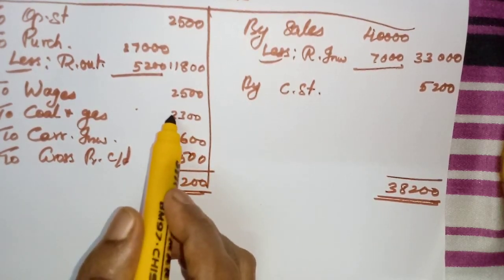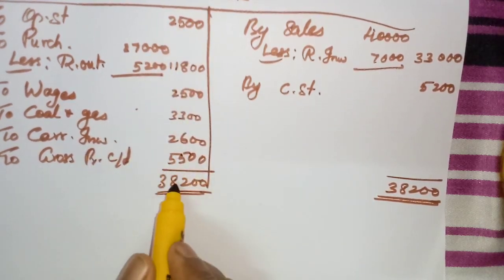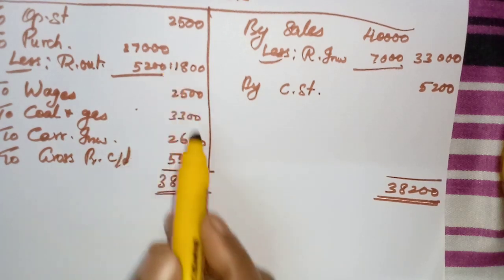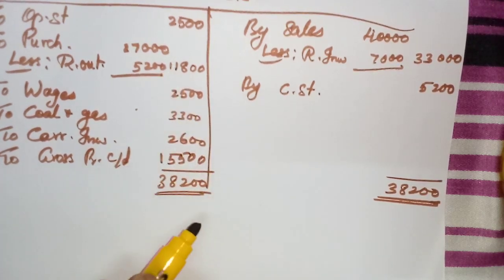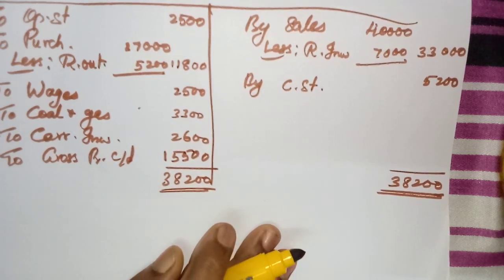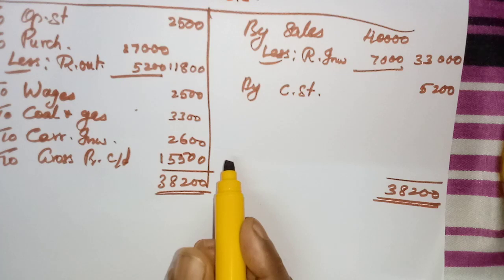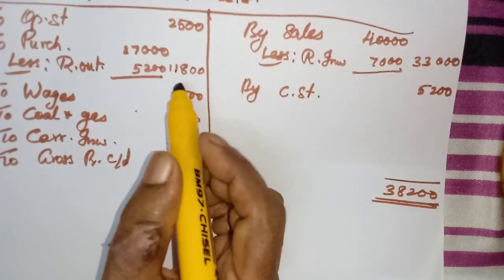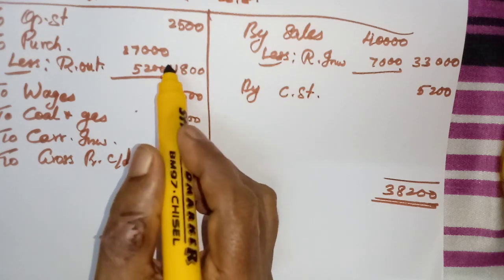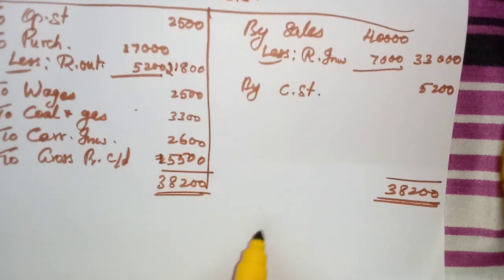Balance 3, 5, 8, 10, 11, 13. 13 plus 5, 18. Balance 1. 1 plus 1, 2. 2 plus 1, 3. Correct. Here 21,000. So this will not come.